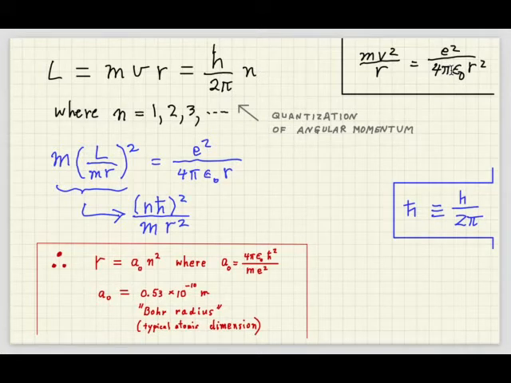And that's a good approximation because the proton mass is so much larger than the electron mass. To be really accurate, you would say they both revolve around the center of mass point. But since the proton mass is so large compared to the electron mass, the center of mass point is almost the same as the center of the proton. So we just treat the proton at rest and the electron on a circular orbit.